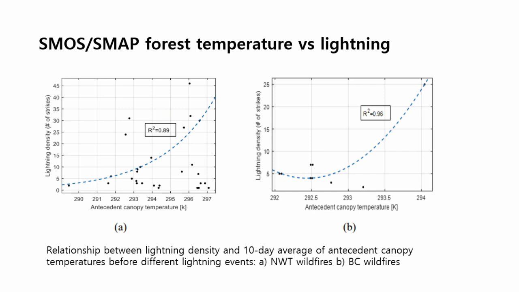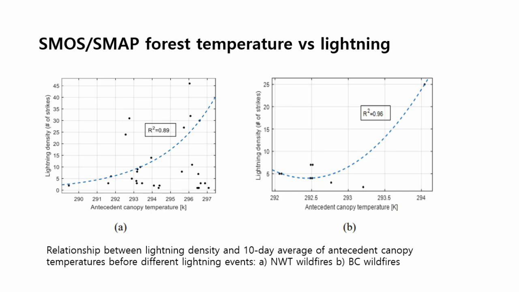Like we briefly discussed, a warmed surface can trigger lightning through storm initiation mechanisms. Likewise, you can see that before the fire, as the canopy temperature, forest temperature increases, lightning density also increases.